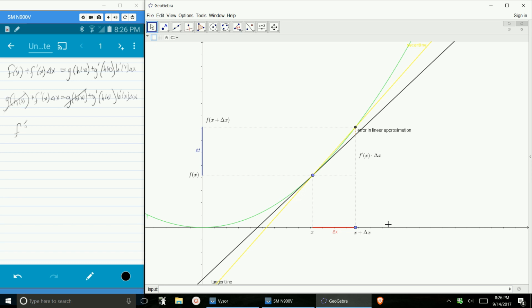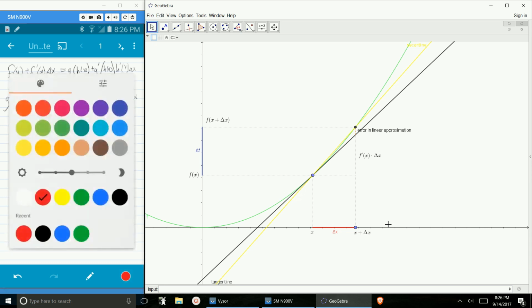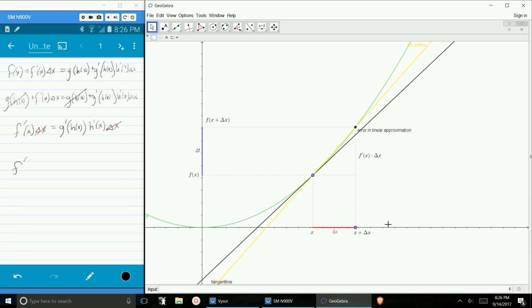So I have f prime of x delta x equals g prime of h of x, h prime of x delta x. These multiplicatively cancel because it's not 0. So I get f prime of x equals g prime of h of x, h prime of x.